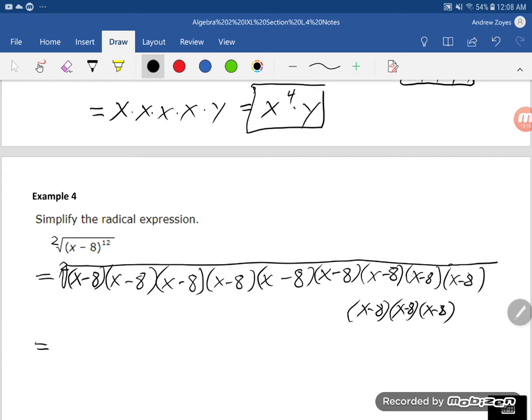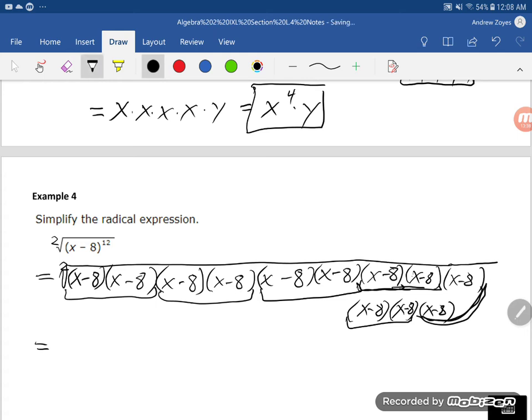So, we're going to see that we can make a group of 2, group of 2, group of 2, group of 2, group of 2. Oh no, okay, my bad, sorry. Group of 2, and then these two will be a group of 2. Okay, so what are all my groups? I have 1, 2, 3, 4, 5, and 6. I have 6 groups.